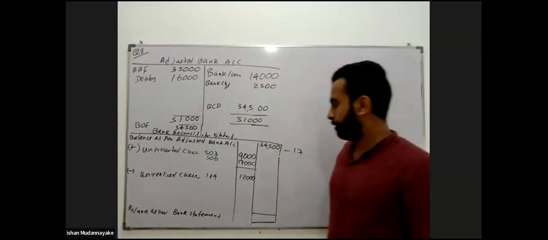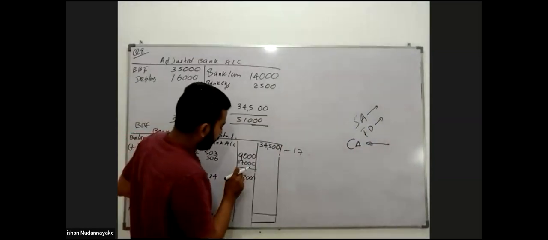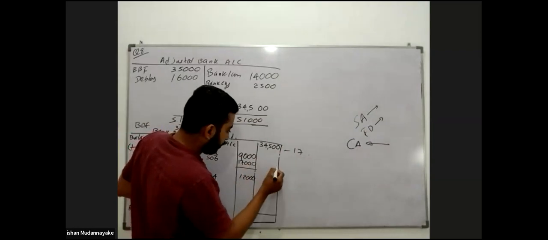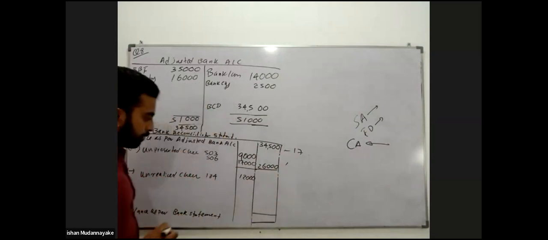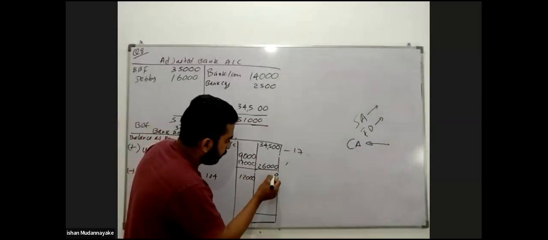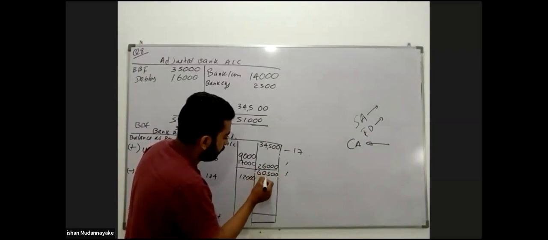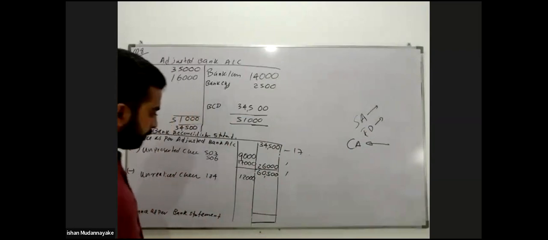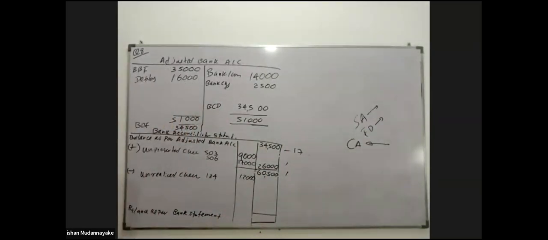Right. Quickly calculate the balance as per bank statement. Unpresented check total amount, how much? 26,000. Then 60,500. Right. And then 12,000 minus.